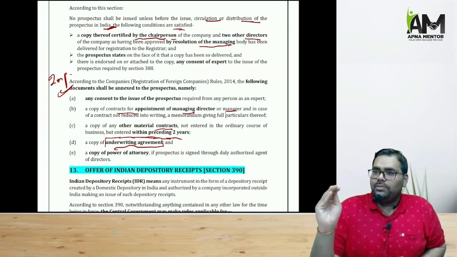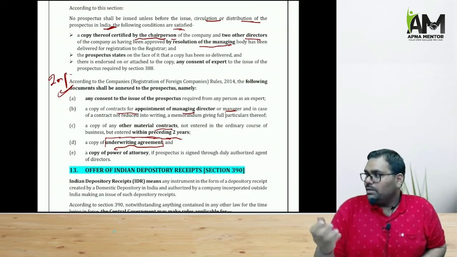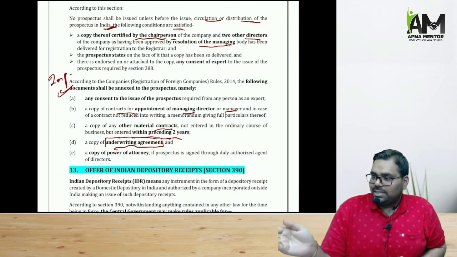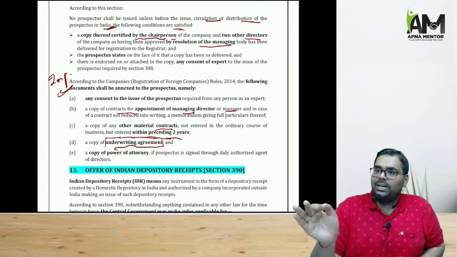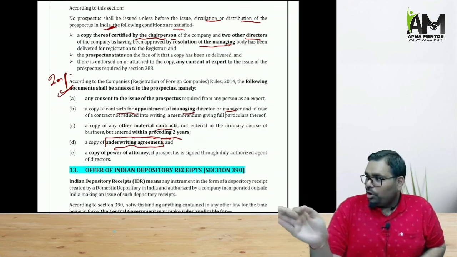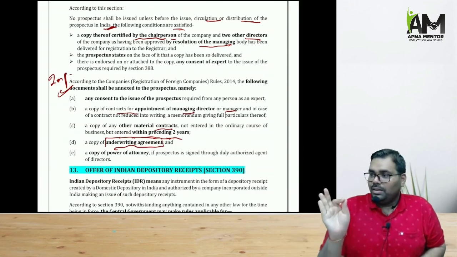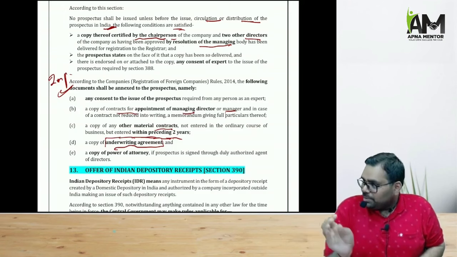So the company normally makes some tie-up with the merchant banker to issue shares to the public. Now when the company does a transaction through the merchant banker, the merchant banker will issue the shares to the public on behalf of the company and take a commission for that.